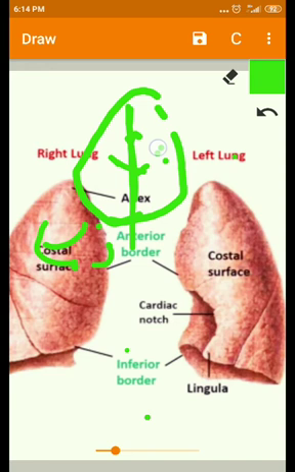It is also related to the vertebral bodies and the intervertebral discs, and also the posterior intercostal vessels and splanchnic nerves. And the anterior part is called the mediastinal part.